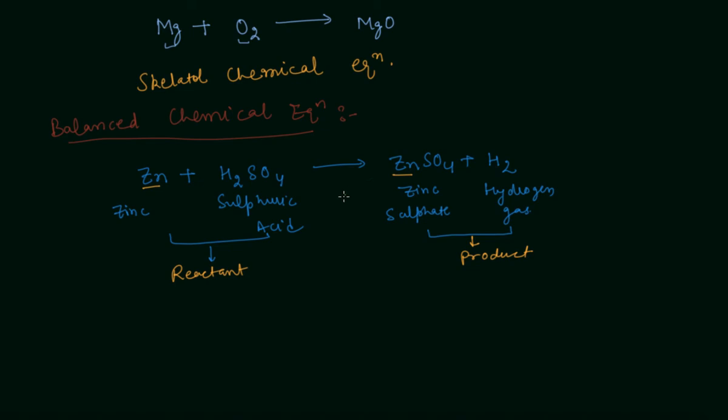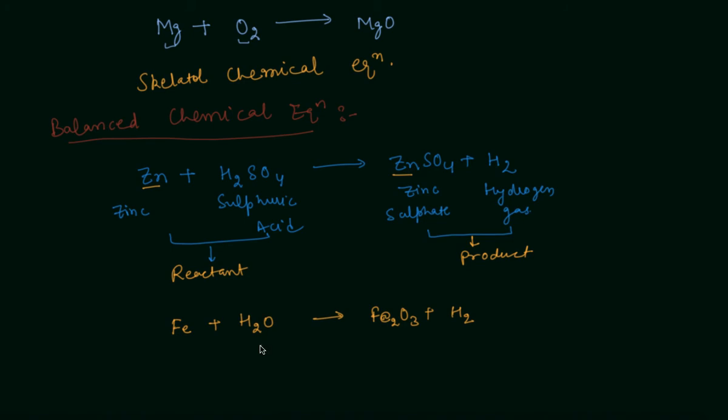Now let us take another example. Students, let me give you one more example on this. Fe, iron, plus water gives rise to Fe2O3 plus hydrogen gas. As you can see, both the reactions should be balanced.